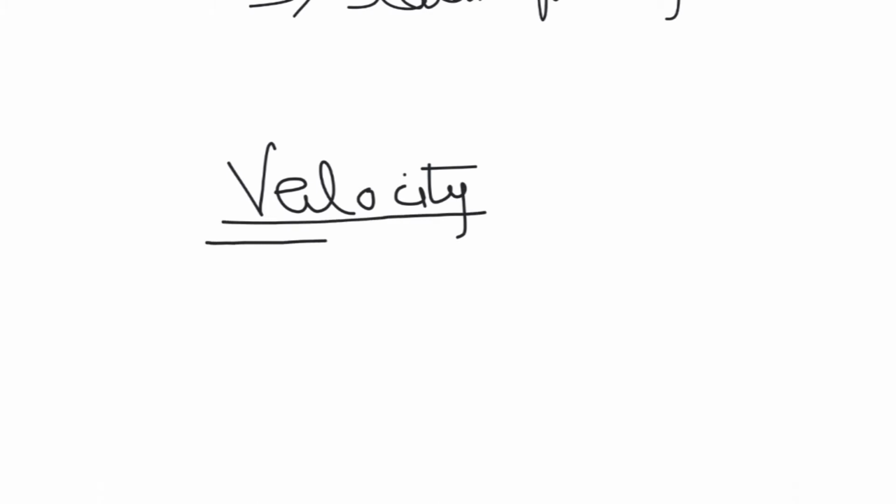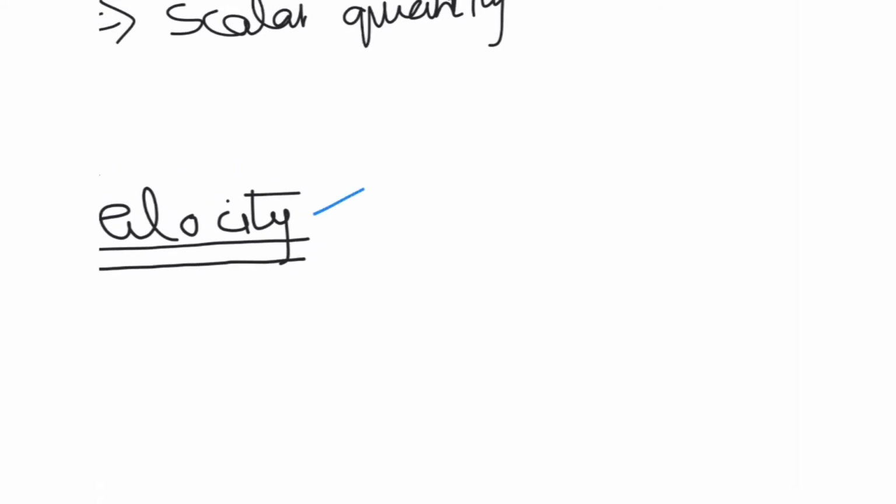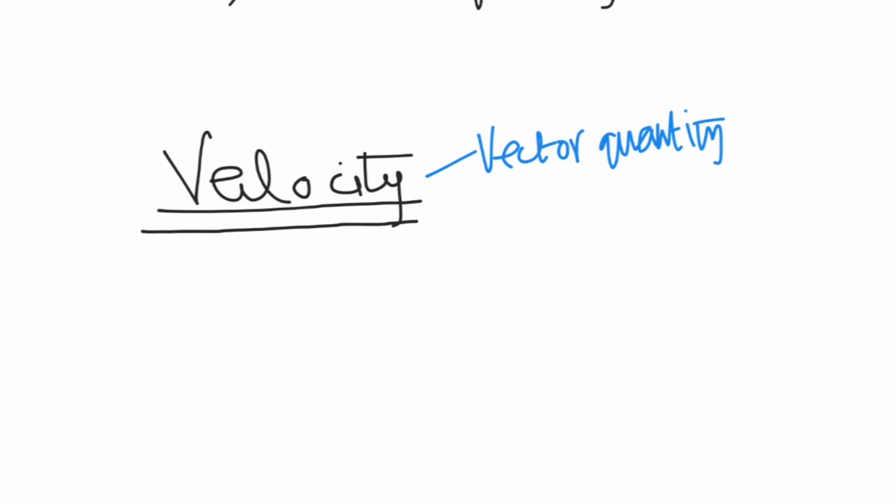And this brings us to our next quantity, which is actually velocity. Now velocity is actually the same as speed except that it has direction, so it is a vector quantity. And its definition is similar to that of the speed.